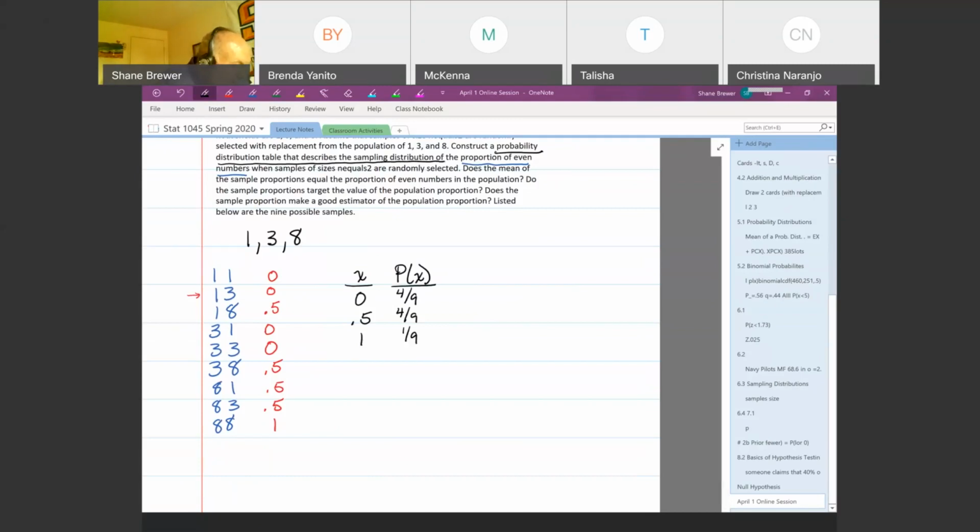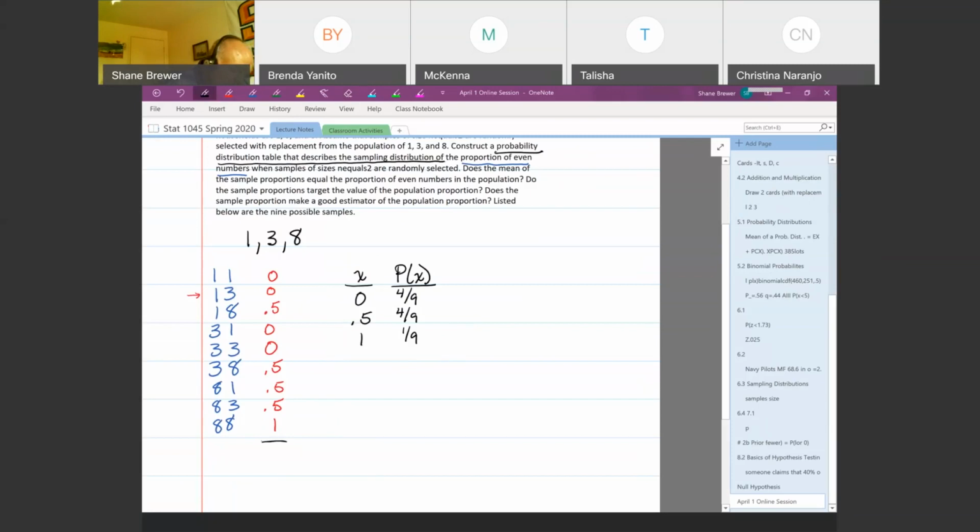Now, does the mean of the sample proportions equal the proportion of even numbers in the population? So I want to calculate the mean of the sample proportions, the mean of all of the samples.